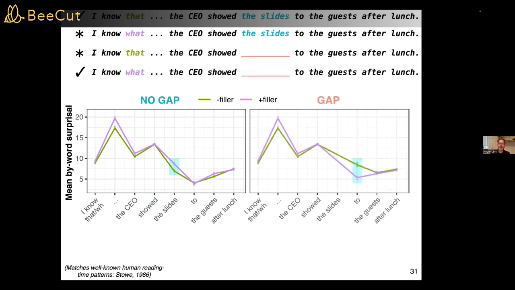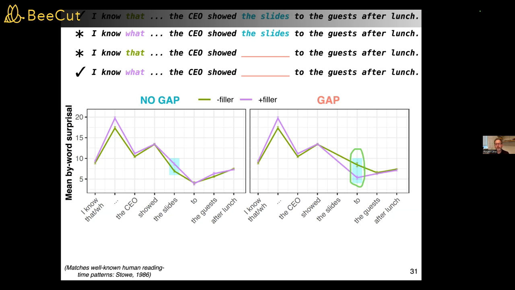Now let's look at the other version where there is a gap. In this case, obviously we can't look at the surprisal of the gap because there's nothing there. So we look instead at the surprisal of the next word. In this case, it's the word to. And what you see is that the pattern is reversed from the left panel.